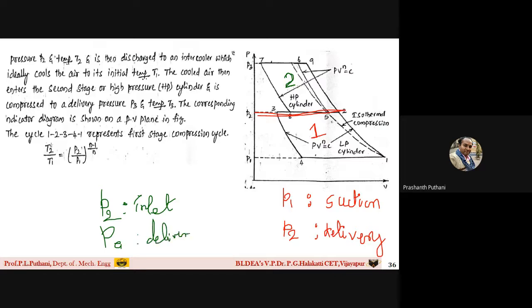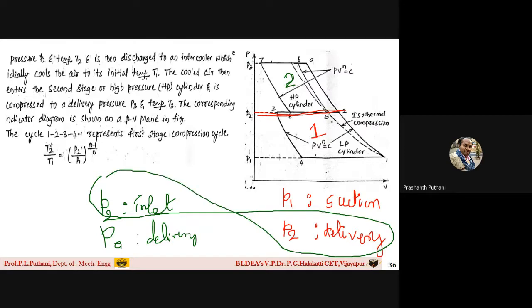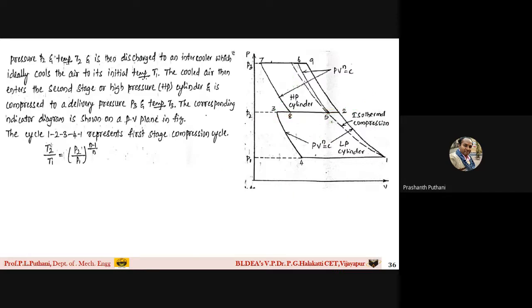So in other simple words, this P2, which remains the inlet for the second cylinder and the outlet for the first cylinder, you can call an intermediate pressure. And this pressure P2 is operating with points 3, 8, 5, 2. These points are intermediate points for the intermediate pressure P2.